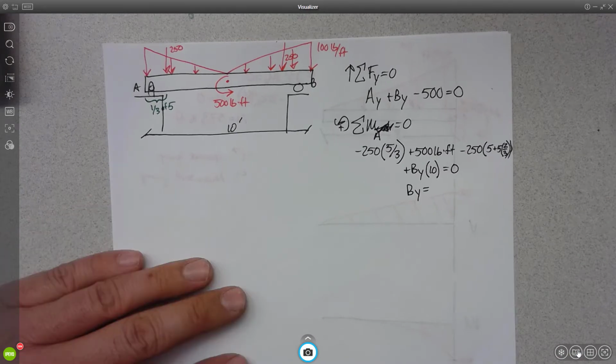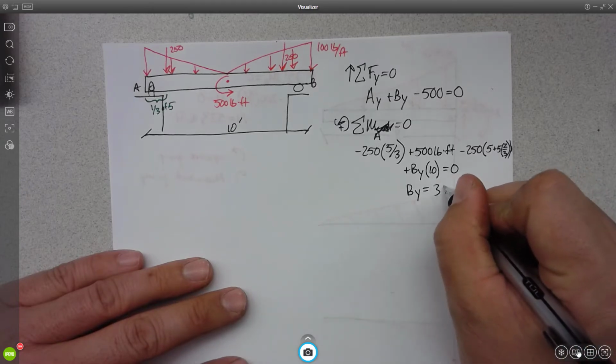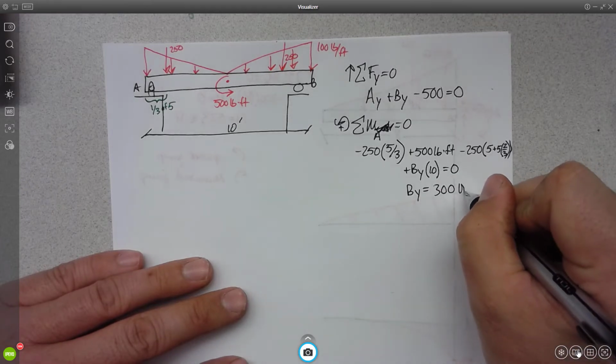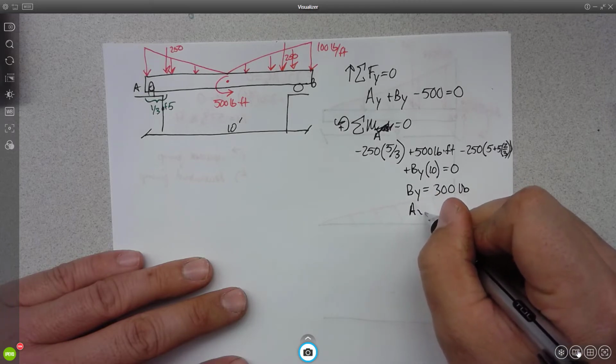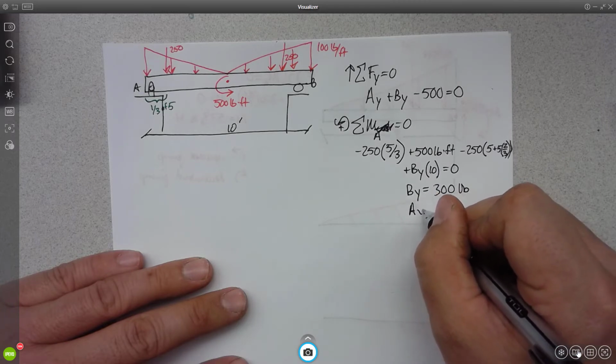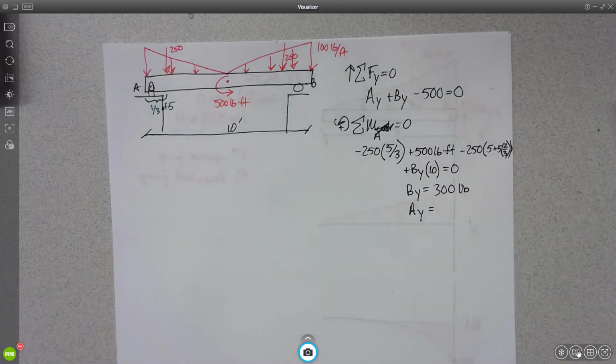BY is 300? Anyone else get 300 pounds for BY? Gosh, I don't think BY is 300. I think you got those backwards, maybe. Something's not right.